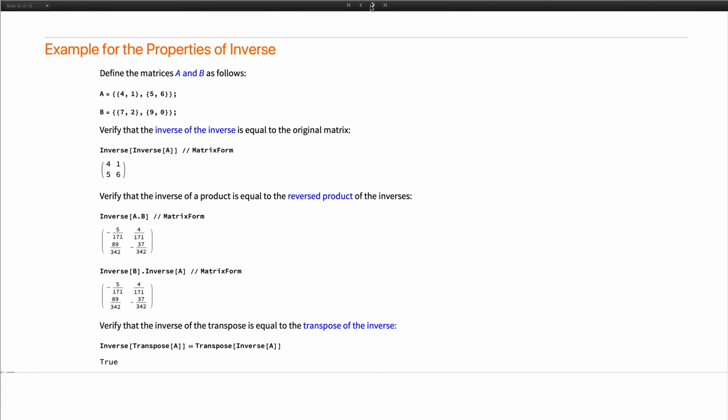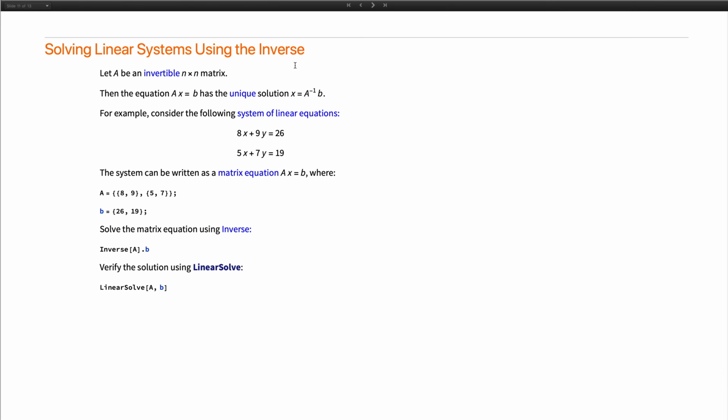Okay, now the whole point over here is that you want to solve linear systems with the inverse. So let's say you have an invertible matrix A, and you want to solve the system AX equal to B. Then the solution for the whole system is A inverse times B. That's a little bit like what you do in algebra.